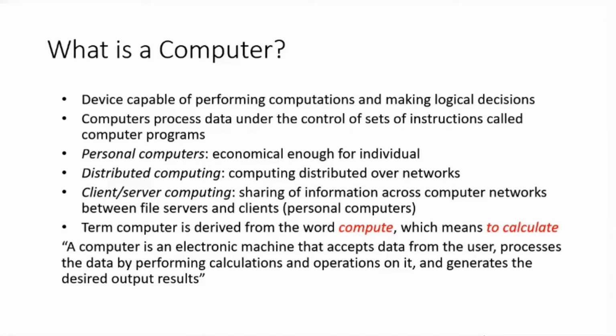So the three functions of a computer are input, processing, and output: receiving the data, processing the data, and generating the output of the results of the calculations and operations carried out within the computer.